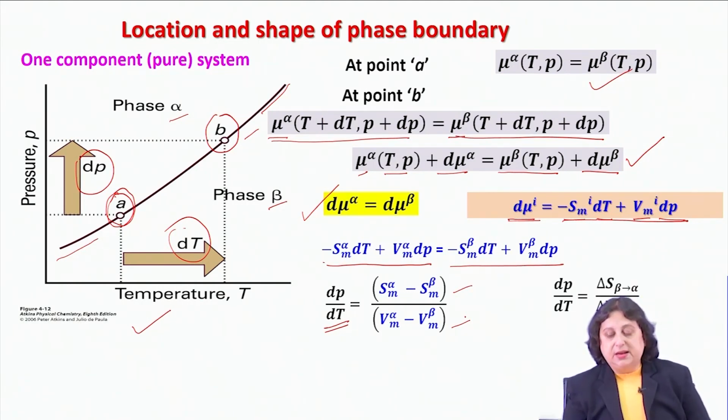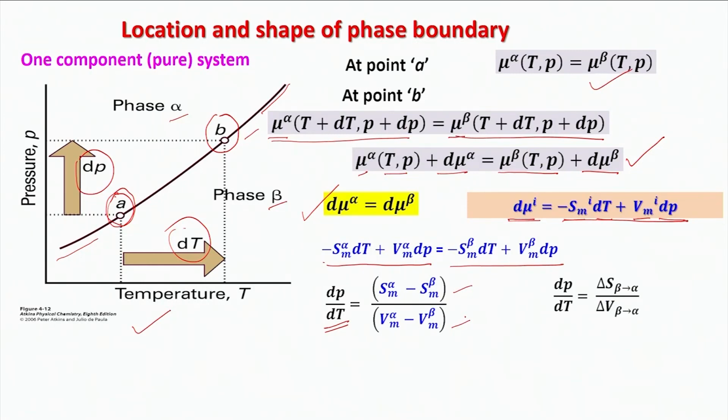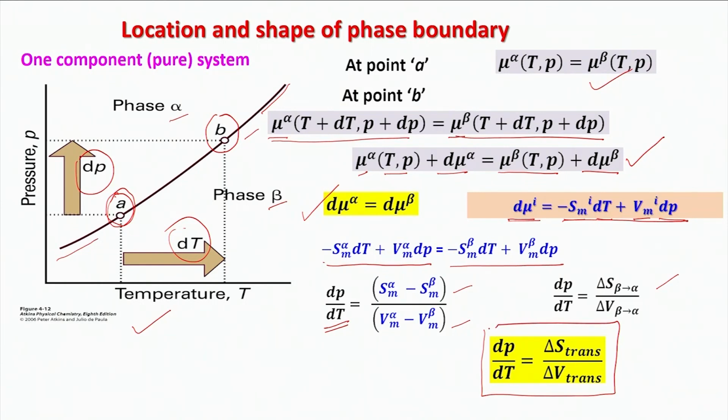And I can very easily now write down that dP/dT is equal to delta S as beta goes to alpha, divided by delta V as beta goes to alpha. Now, this tells me that if there is a change in the equilibrium pressure and temperature by amounts dT and dP, then dP/dT would be related to the change in entropy of the transition and also to the change in volume during the transition.